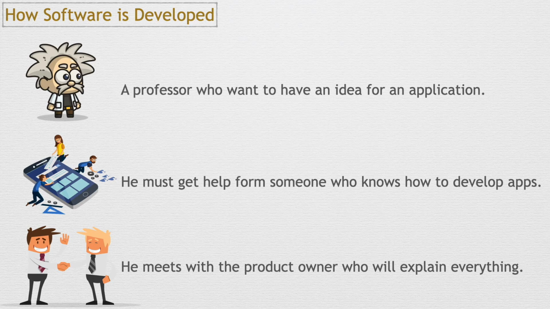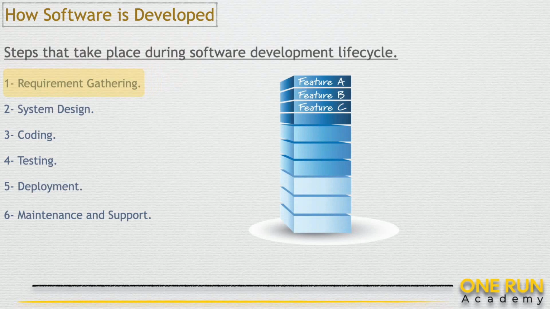Step number 1 is always the requirement gathering phase. We will sit down together and I will listen to your needs, Professor, before discussing what is and what is not applicable. Following our agreement, we will create a list of requirements representing the features you desire in your application.